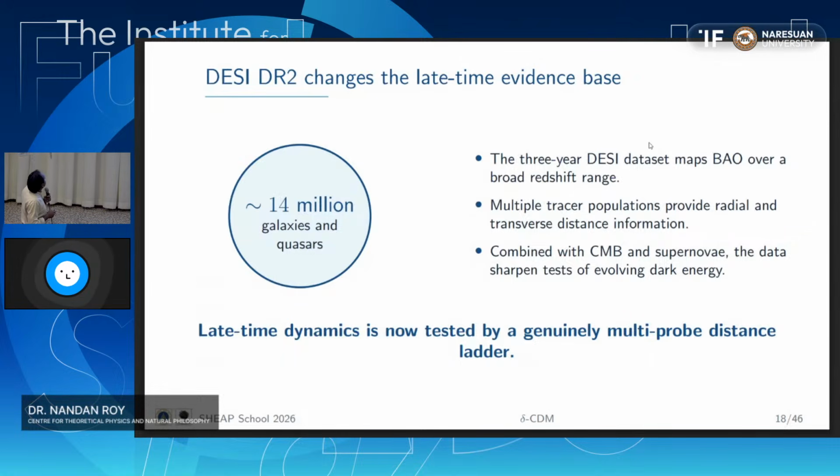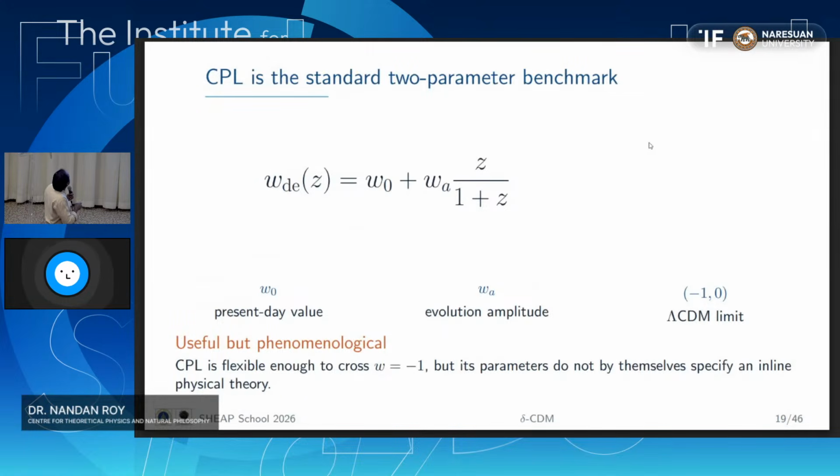And then the most interesting one comes from the current DESI observations, where they observe 14 million galaxies and quasars, and they have 6 different kinds of tracers to trace the evolution of the universe. They use this parameterization, which we generally call the CPL parameterization, a Taylor series expansion of the equation of state around today.